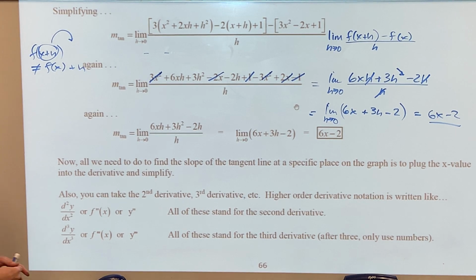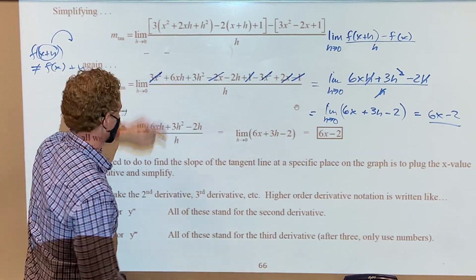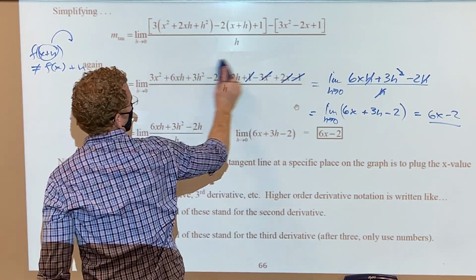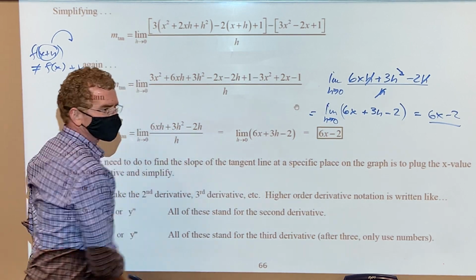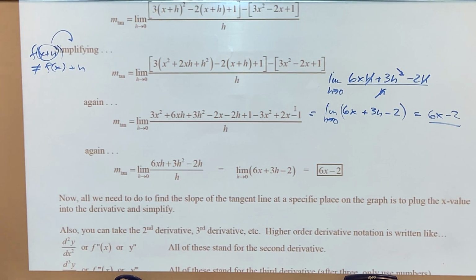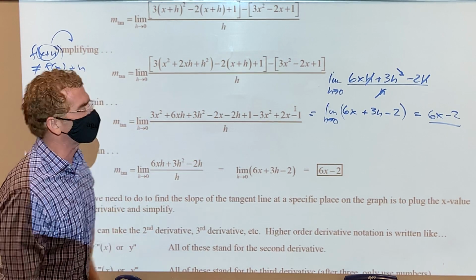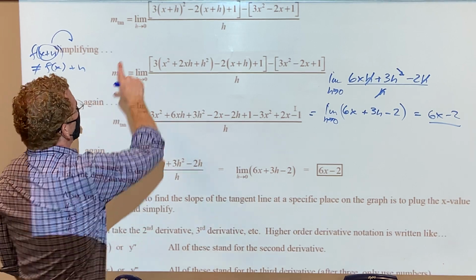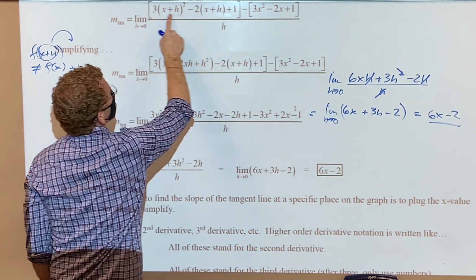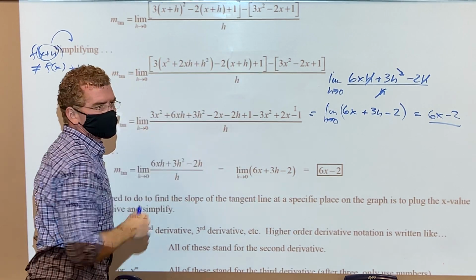And every now and then AP will give you this. They'll start you with this expression right there at the top. And my hope is that you look at it and you go, wait a minute, no, not that one. They'll start you with this one. And my hope is you'll go, wait a minute. This function looks just like that function, except this thing looks like it had a what plugged in?